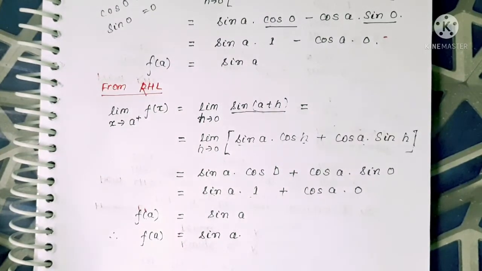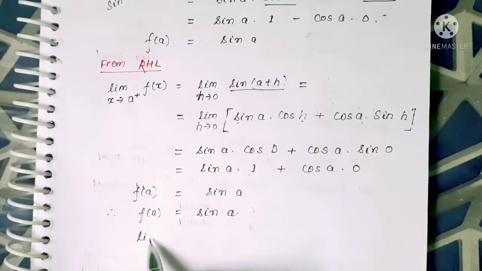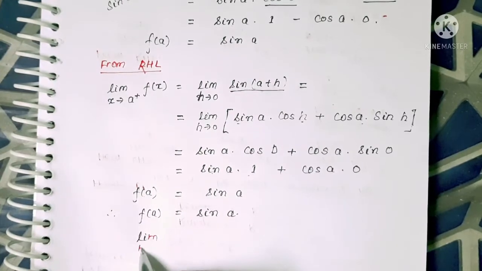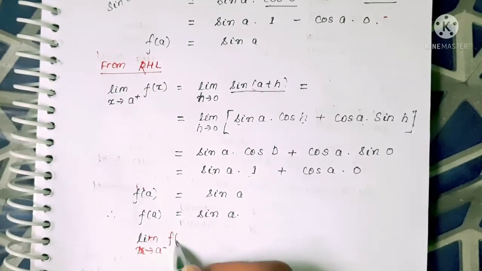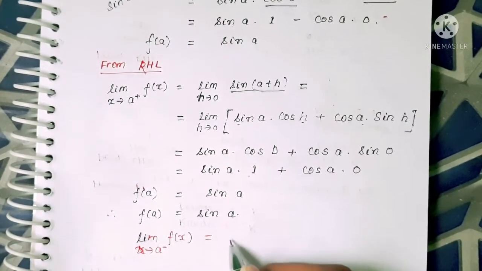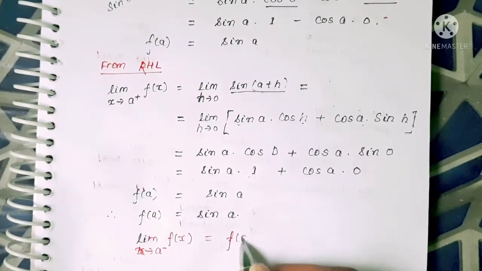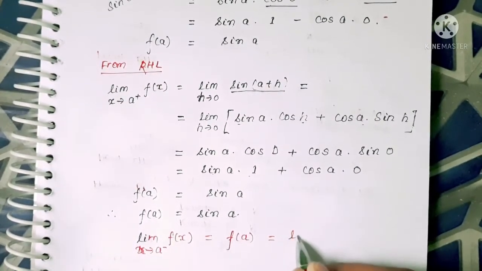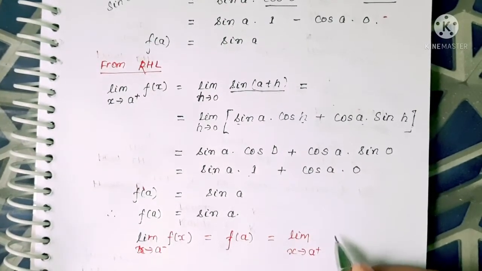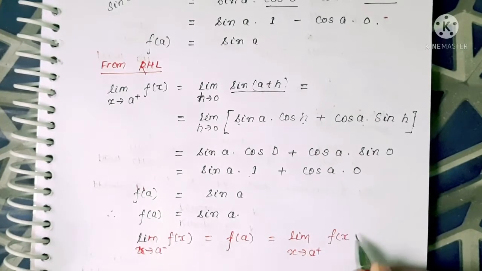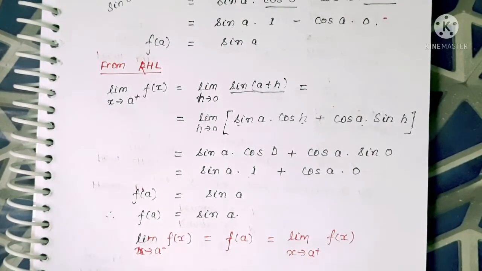So what we got is that in all the limit criteria, the limit x tends to a negative, that is the left hand limit, is equal to the value of the function, and the limit x tends to a positive of f(x), which is the right hand limit.